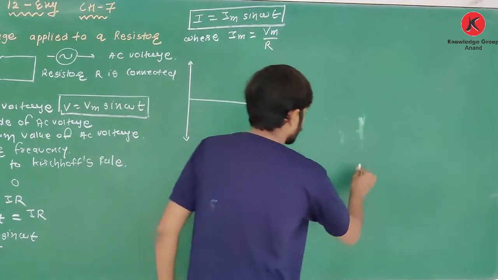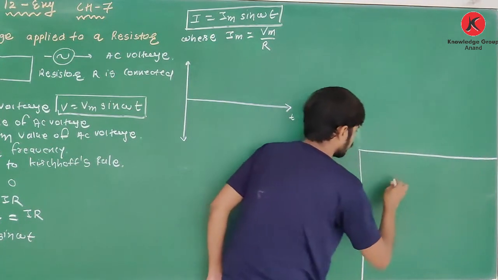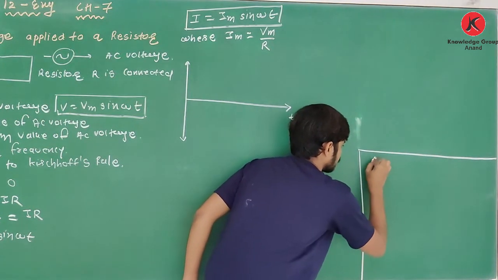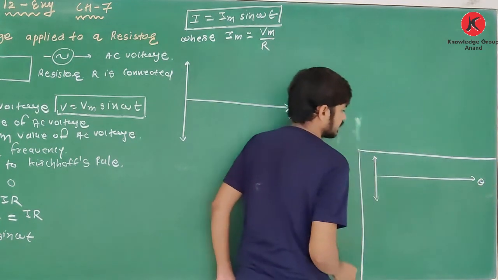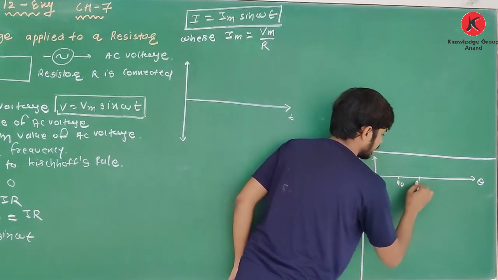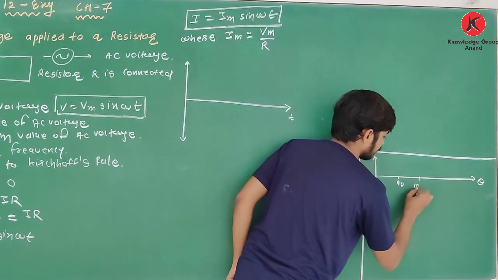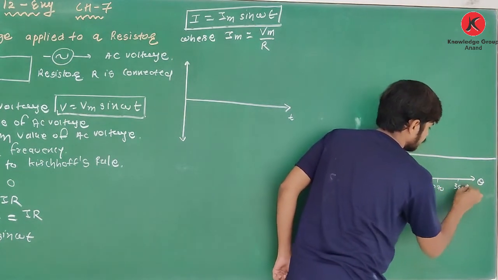If I have to draw the graph of sine, it is angle theta. Here angle 0, here angle 90, here 180, here 270, and here 360.